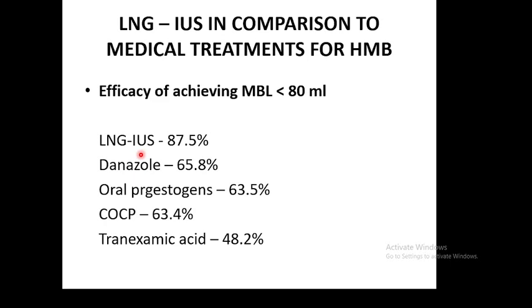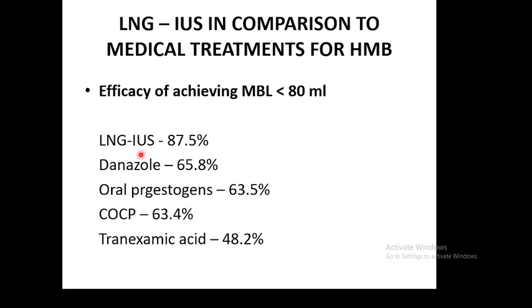For LNG-IUS, the efficacy in reducing menstrual blood loss is the highest. This is the top of the list. Reduction by 87%. Danazol we don't use much because of its adverse effect profile.